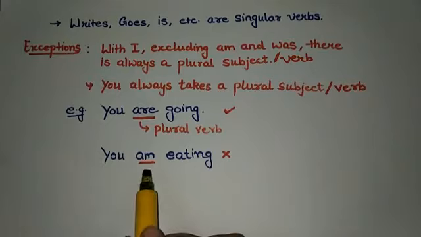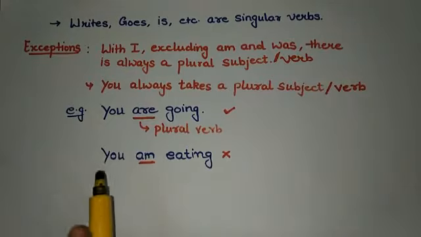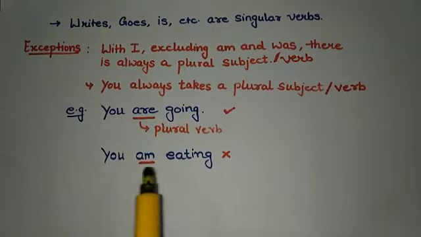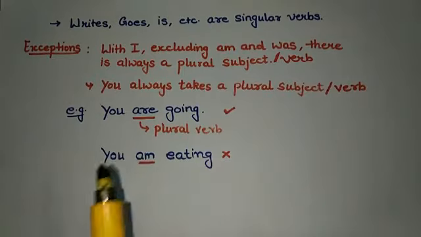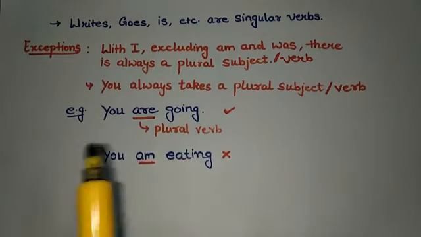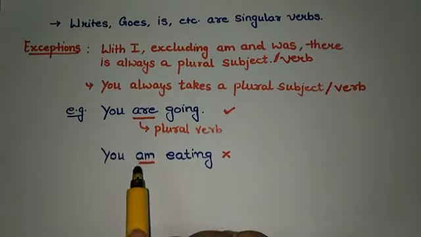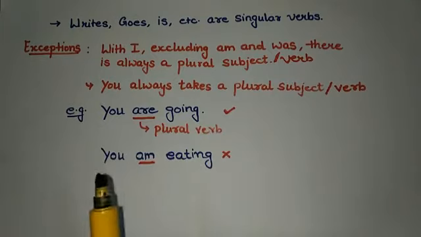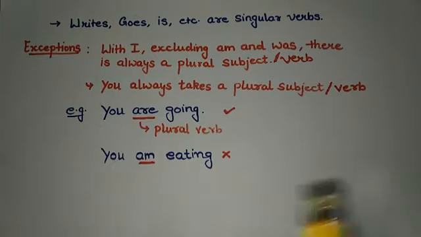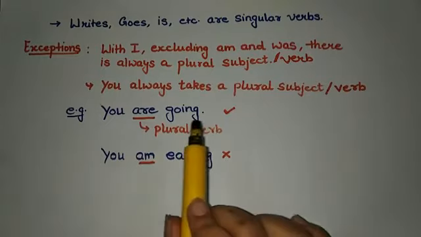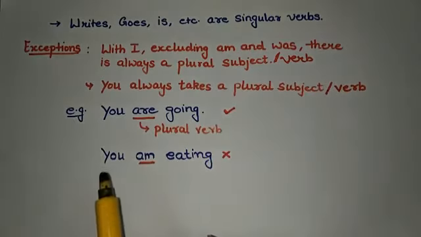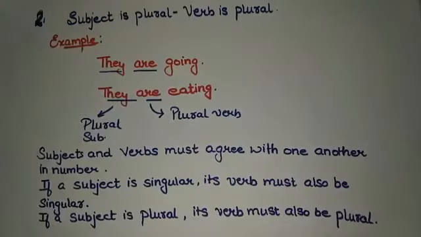So this sentence will be wrong. Yes, because you is singular, we should use a singular verb according to the rule. But in grammar, you can come across so many exceptions. So this is one of them, that we cannot use a singular verb with you. So you are going is a correct one and you am eating is a wrong sentence.